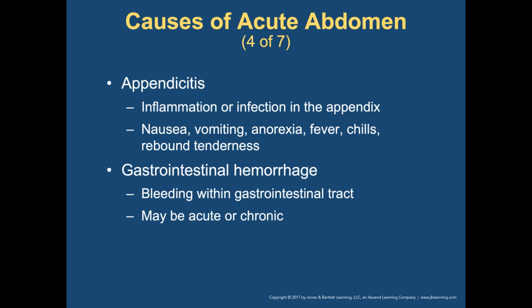So gastrointestinal hemorrhaging is bleeding within the gastrointestinal tract. It may be acute or it may be longer durations of less severe bleeding. All complications of this are considered serious because we can't see it, we can't fix it. Bleeding in the gastrointestinal tract occurs from the esophagus to the upper small intestine.